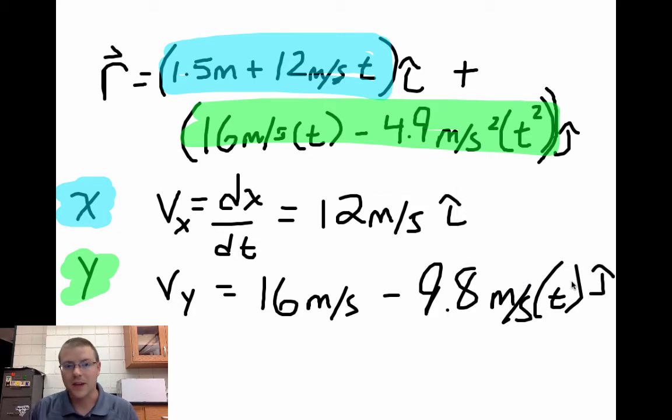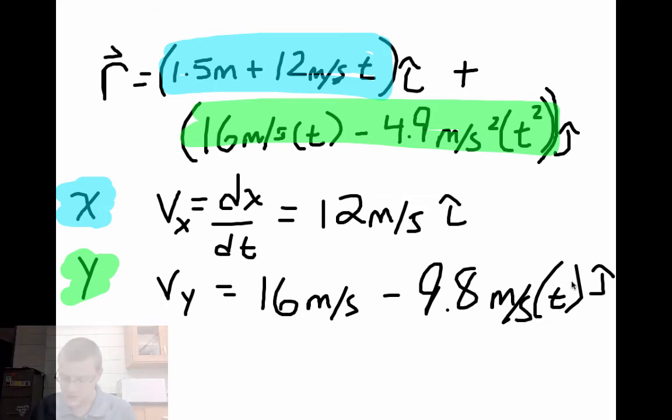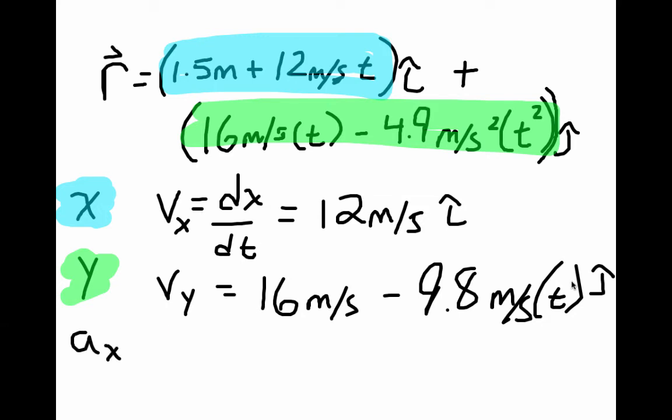I now have the x and y components of my position vector. I now know the velocities. If I wanted to get the accelerations of each of those, the x acceleration is just the second derivative of position, or the derivative of velocity, which in the x direction becomes 0.